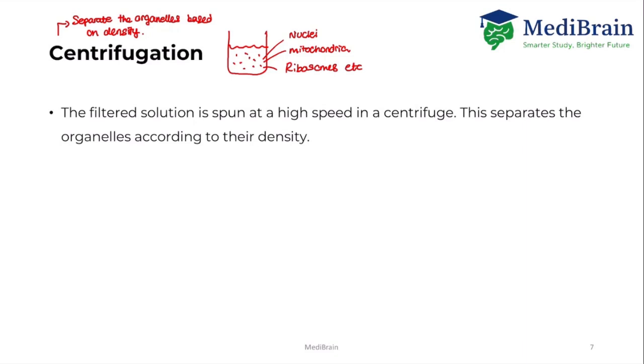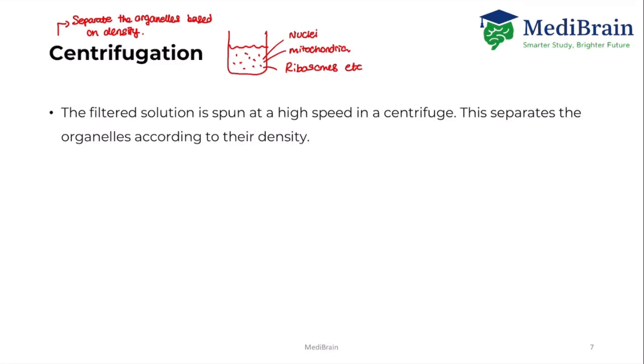A centrifuge is a sort of machine where you put test tubes in, and then it will literally spin the test tubes at high speeds. And the faster it spins the test tubes, the more organelles will sink to the bottom. Now different organelles have different densities.